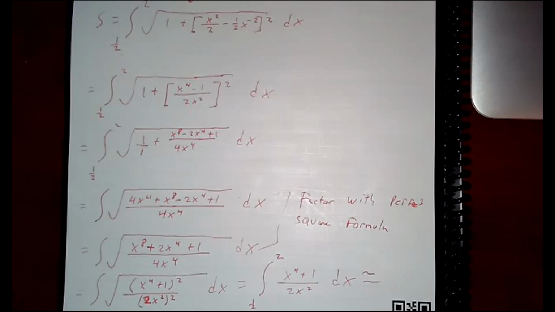Whenever you do an arc length, the goal is to try to do some sort of algebra to make the inside squared, get rid of the radical, and then integrate. Another thing you could do, depending on what's going on, would be use substitution. But most of the time, you have to just do algebra.